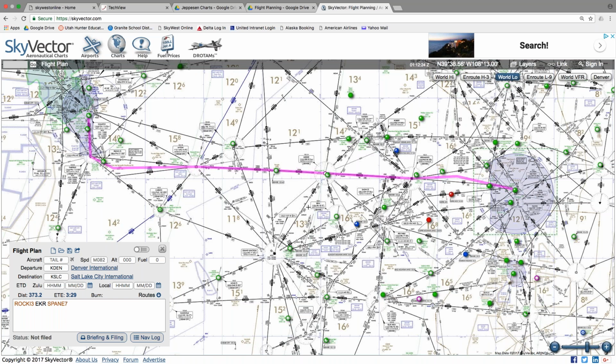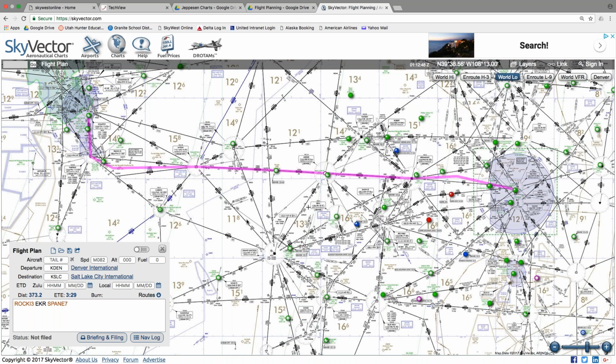So 270, so I would take 274 and 50. This is your true course. This is your wind direction, wind speed. Those should be the only things you need to figure out here. So what's the difference in speed? So you got 400 knots. Okay, 400 knots.